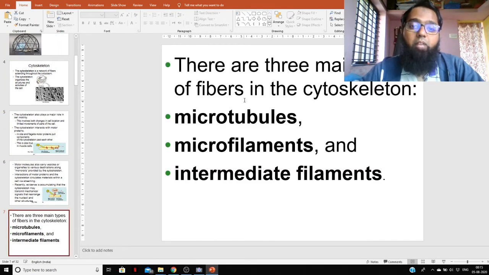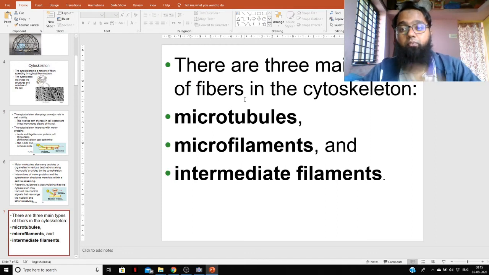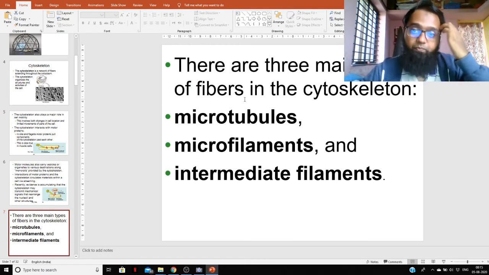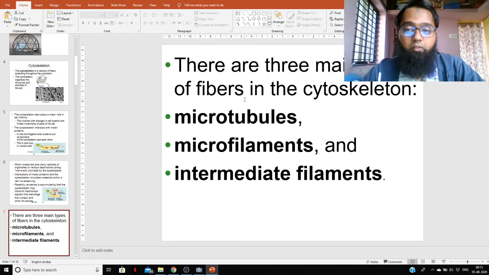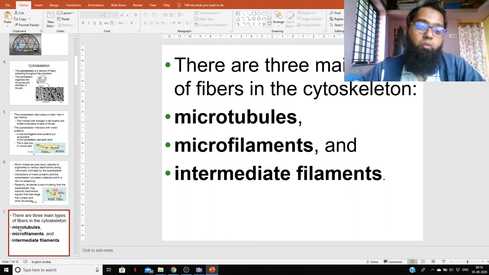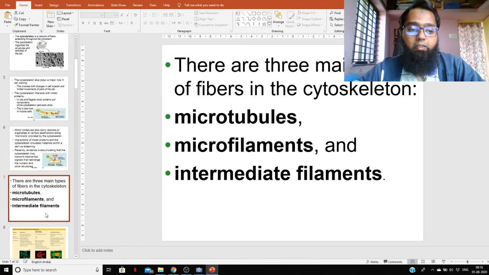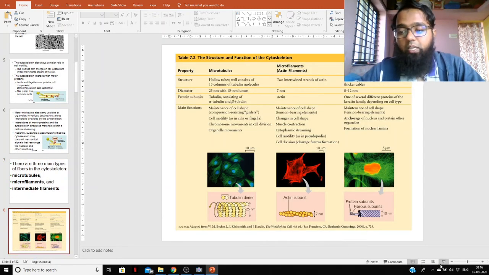Okay, the types. There are three main types of the cytoskeleton: microtubules, microfilaments, and intermediate filaments. These are the three basic things we should know regarding the cytoskeleton. Here is a very good basic table.